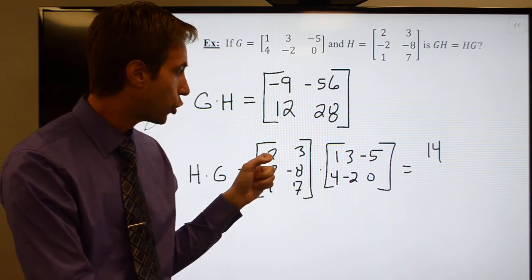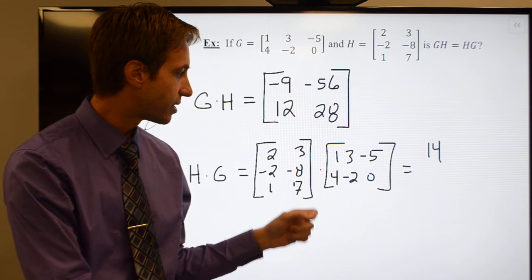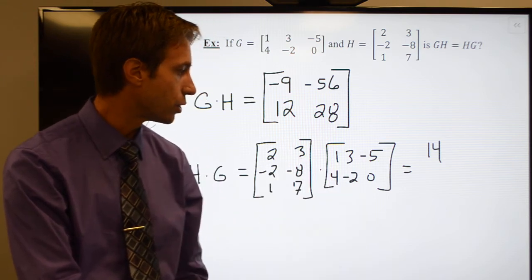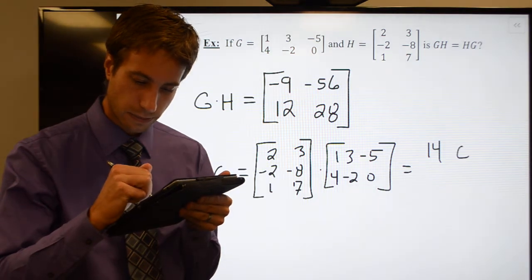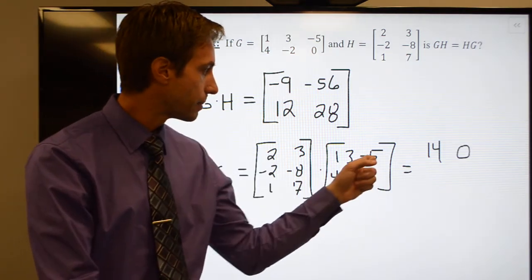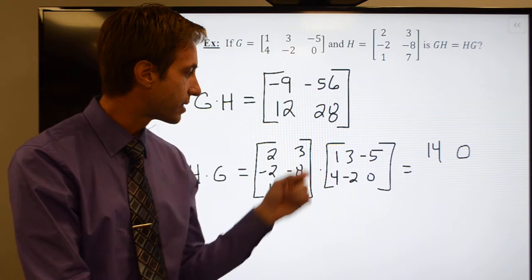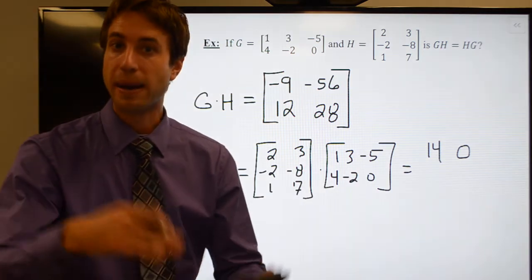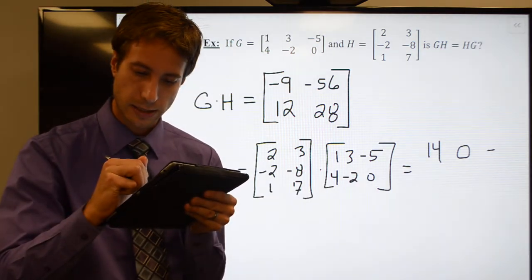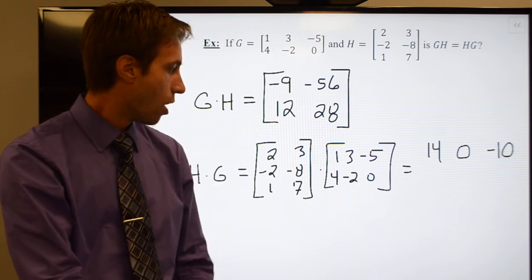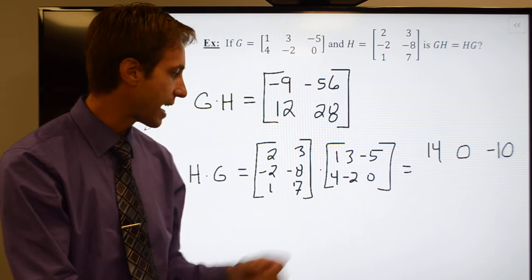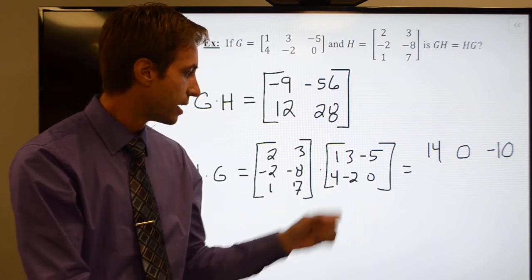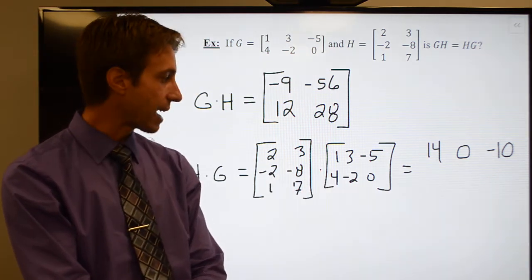Let's see here. I got 2 times 3 is 6. 3 times a negative 2 would be a negative 6, and 6 plus negative 6 is 0. 2 times a negative 5 is going to be a minus 10. 3 times 0 is 0. Minus 10 plus 0, minus 10. Awesome. Here we go. Let's keep going. Negative 2 times 1 is going to be a negative 2. Negative 8 times 4 is going to be a minus 32.